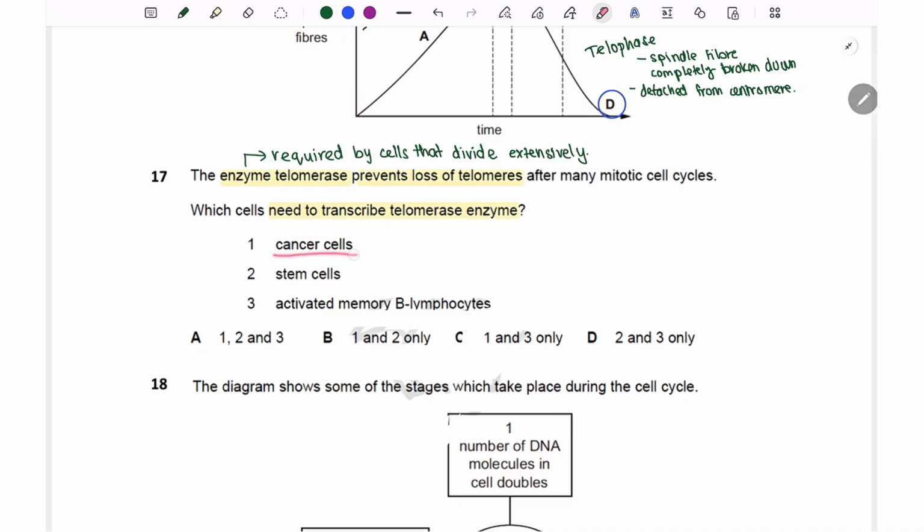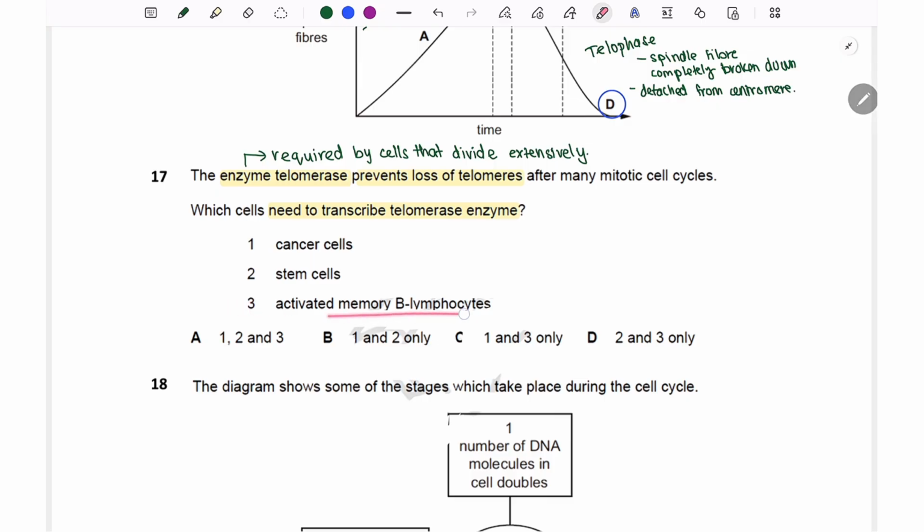1. Cancer cells, we've been going through this. Cancer cells for sure are going to have this enzyme because cancer cells will be dividing rapidly. They divide uncontrollably. We have stem cells. This is also going to need it because stem cells must divide to differentiate and in order to replace the differentiated cells.